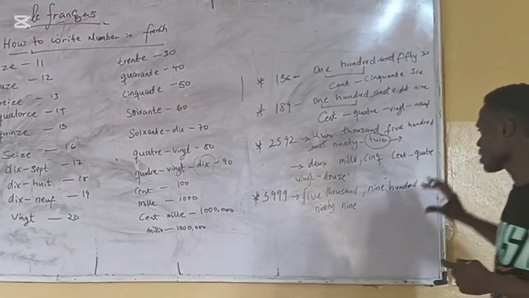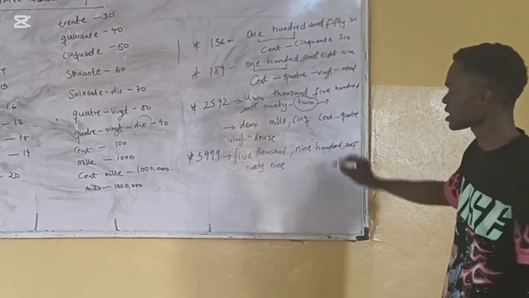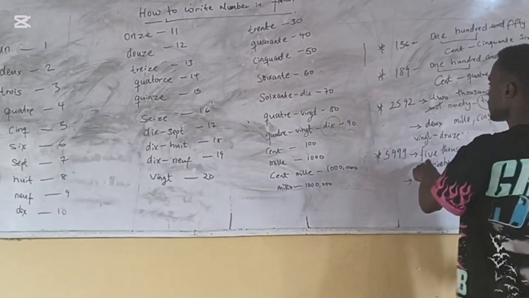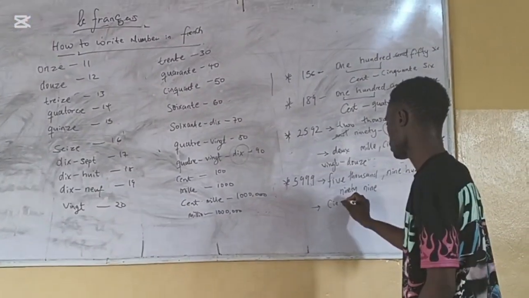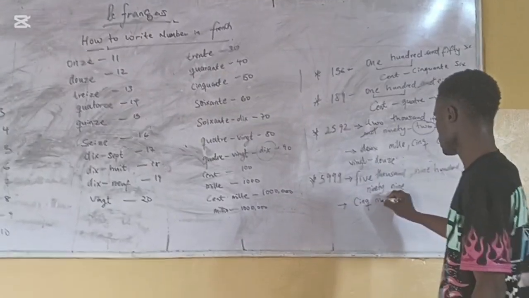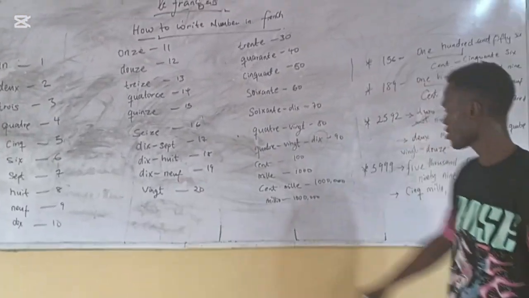Okay, so now what you can understand in this question is that the first thing I told you guys to do is to neglect this aunt. So if you neglect this aunt and then you are trying to translate this in French, this 5, what is 5? 5 is 5. So you write 5. Okay, 1,000, what is 1,000? 1,000 is me, as I said. What is 9? 9 is what? 9.